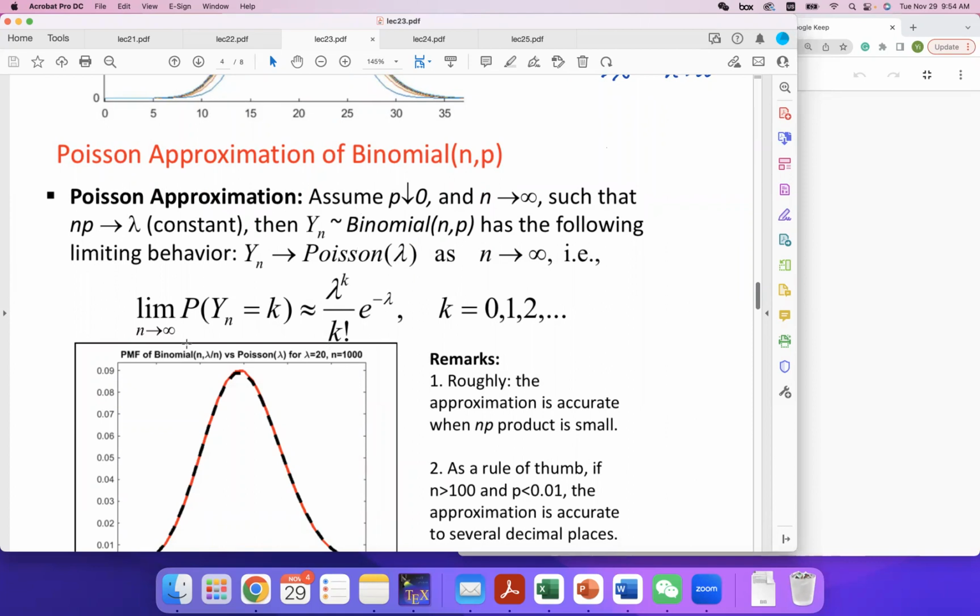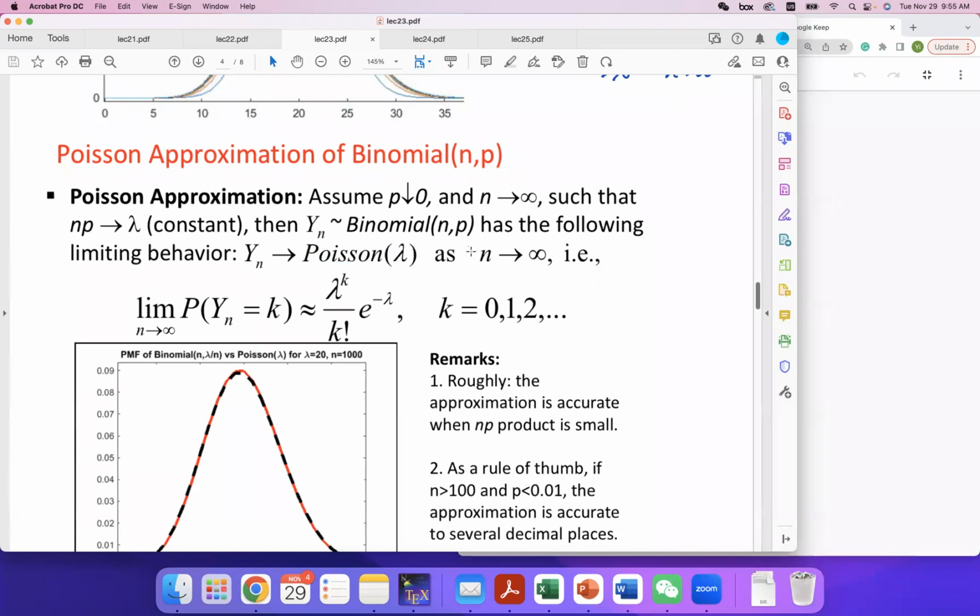Here we have a result that says if n times p goes to a constant lambda, so basically as we perform more and more experiments, the success rate p decreases so that n times p remains a constant in the limit, then the binomial(n, p) distribution converges to a Poisson(lambda) distribution.